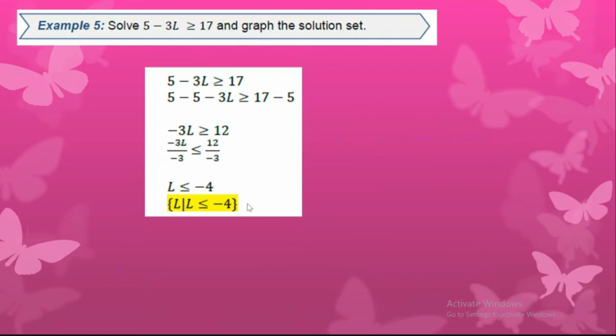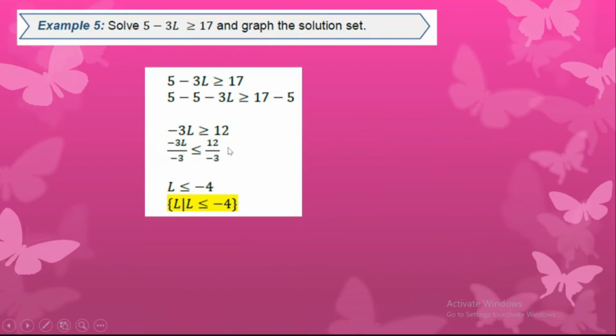Now, to solve for L, we have to get rid of negative 3, and that is done by dividing both sides by negative 3. So we have L is less than or equal to negative 4. So our solution set is L such that L is less than or equal to negative 4.